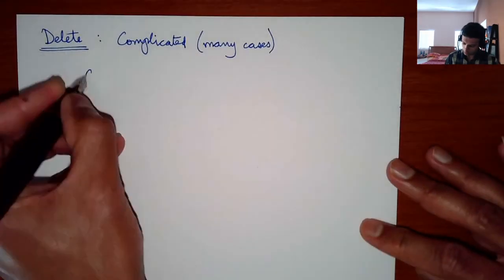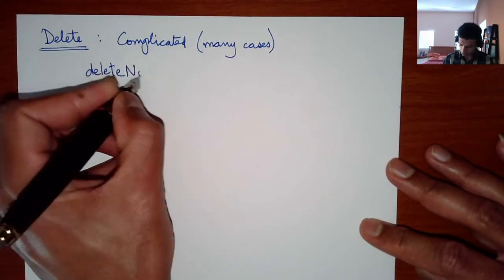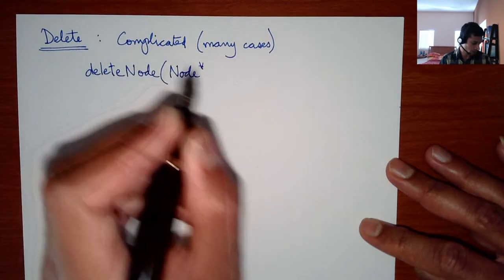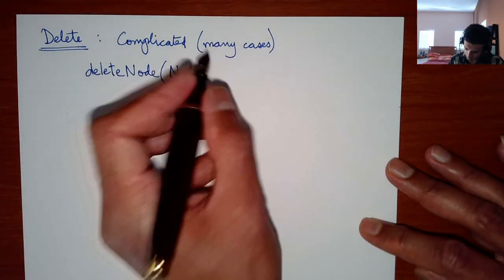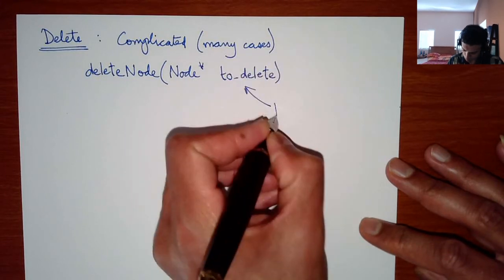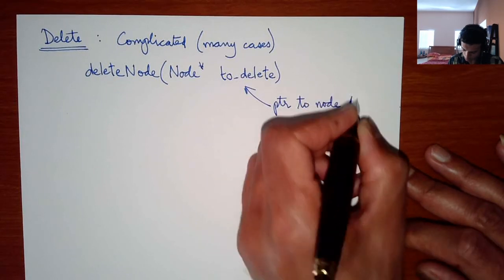So I'm going to think of the function delete node. I'm going to start with a pointer to a node that I want to delete. So this is a pointer to the node that needs to be deleted.